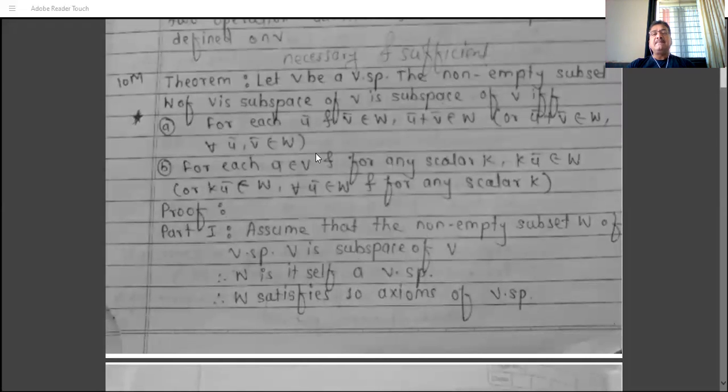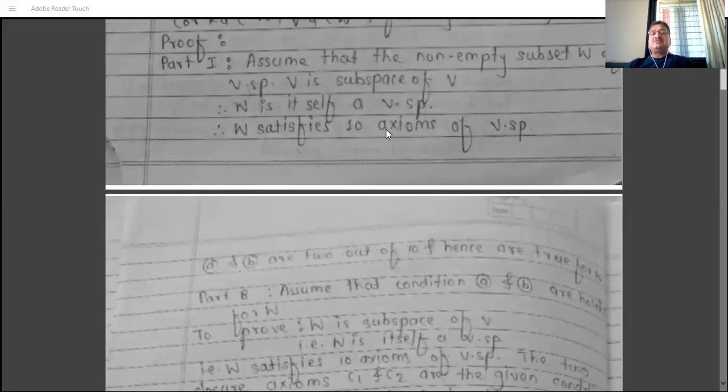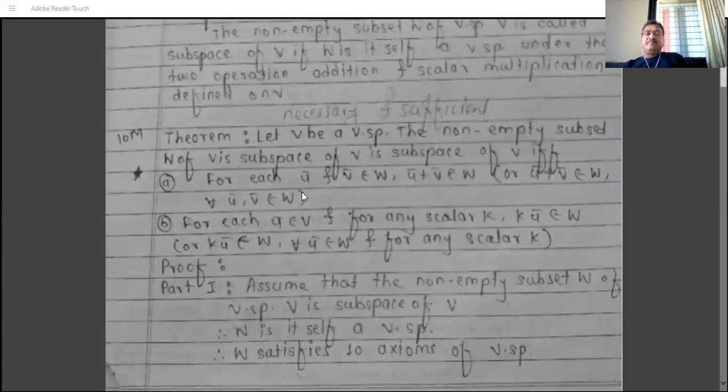Obviously these properties are true for W because W satisfies the 10 axioms, and these are 2 axioms out of those 10, so these are satisfied for W. Now this is part number one.